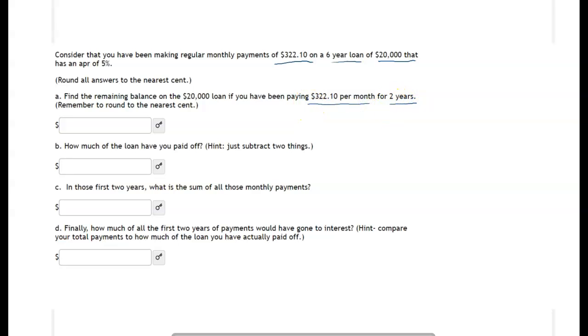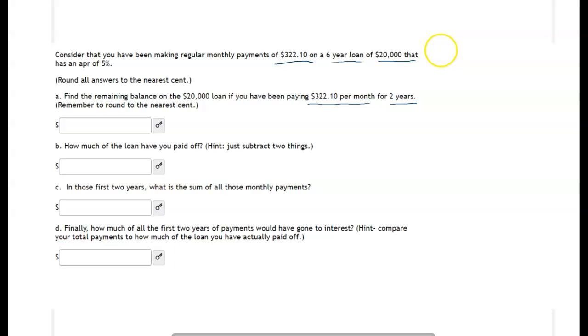So now we're looking at part way through this loan, and keep in mind that a loan balance decreases every time you make a payment that covers the interest. You pay the interest, and then the remaining money goes towards buying down the loan balance, so you owe less and less every month. This is a fairly tricky problem, and the point is the $20,000 is basically history.